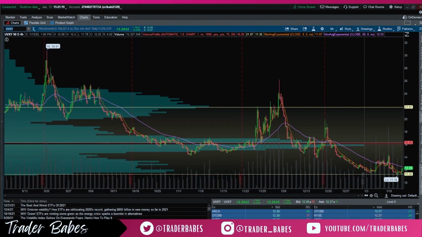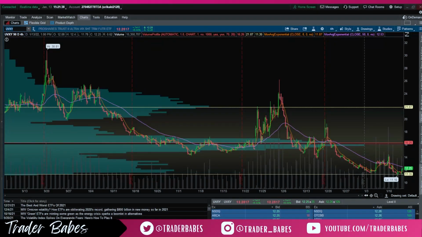One of the most popular ETFs to trade is UVXY. That is because it has such a lower price point, so a lot of traders feel comfortable trading it. But there are so many to choose from. There's various ones that follow the market, as well as different sectors and industries.